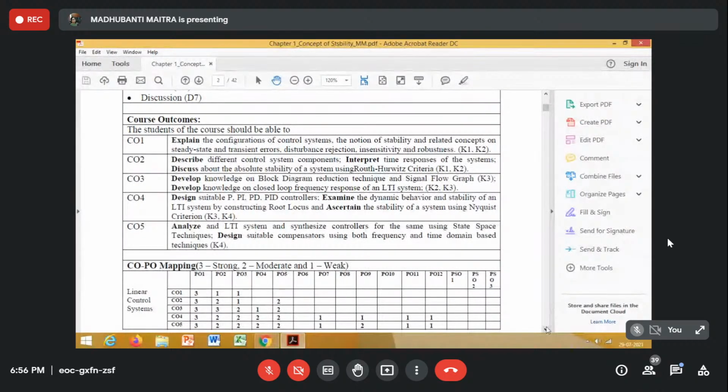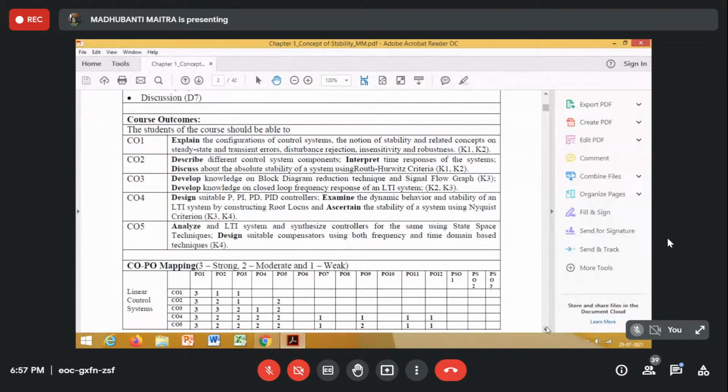Now, the second CO is the students should be able to describe different control system components, interpret time responses of the systems, and discuss the absolute stability of a system using Routh-Hurwitz criteria.